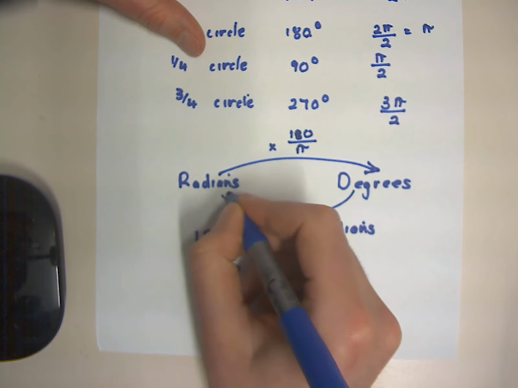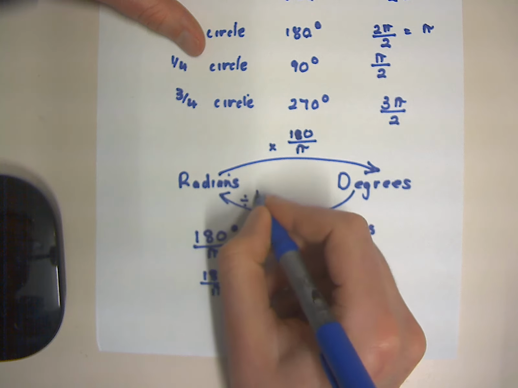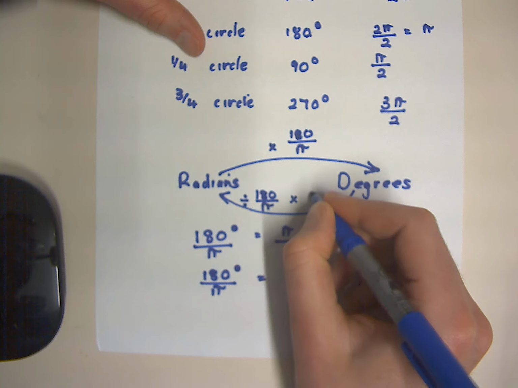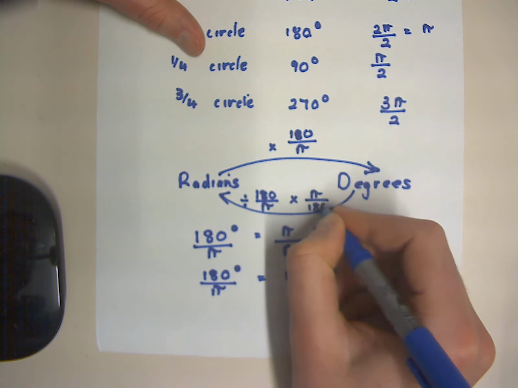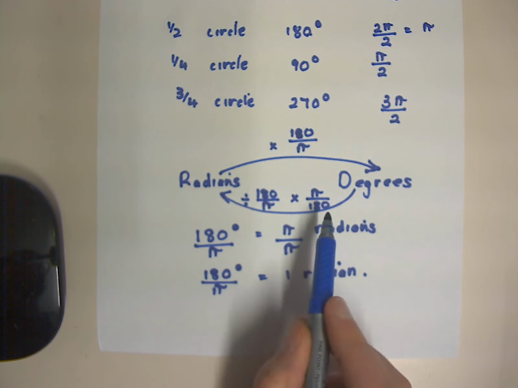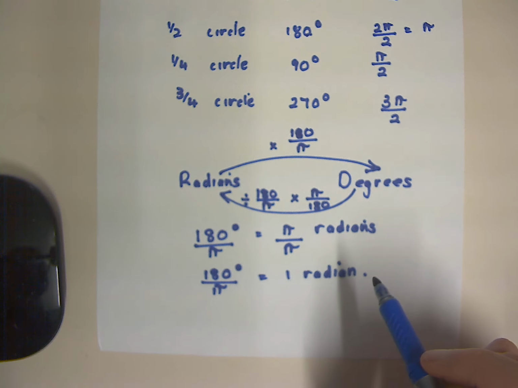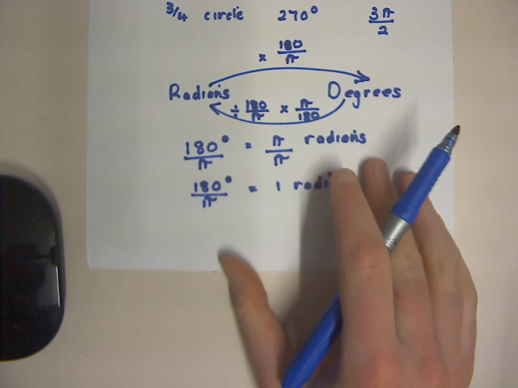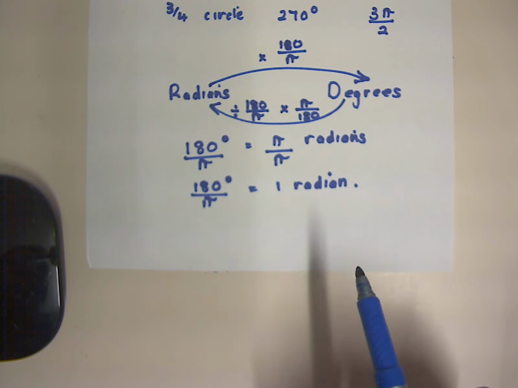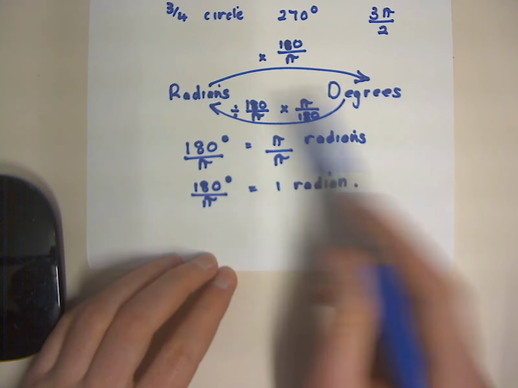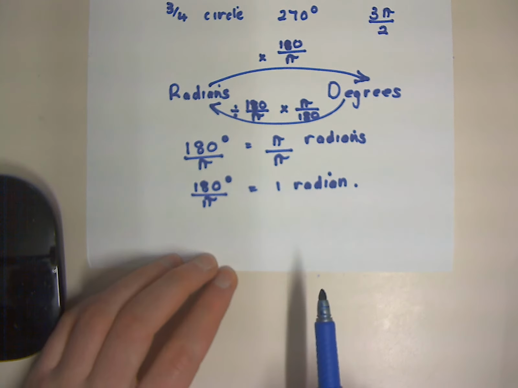If I'm coming back the other way, I want to divide by 180 on pi, which is the same as multiplying by pi on 180. So either you divide by 180 on pi or you multiply by pi on 180. And so then the conversion is given by that particular chart there. So that's radians.